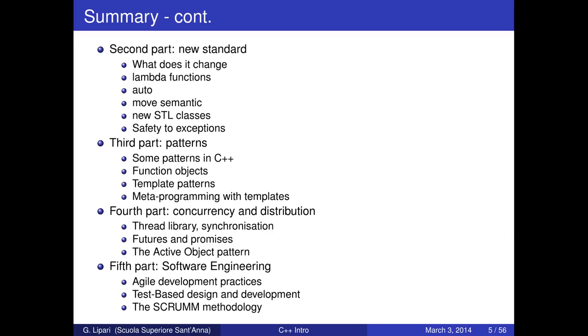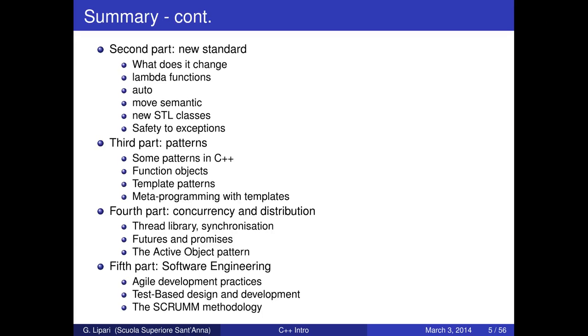And then in the second part, we are going to describe a little bit the new standard, because C++ recently went through a revision of the language, and specifically in 2011 there was the proposal of new syntax and new things in the standard.